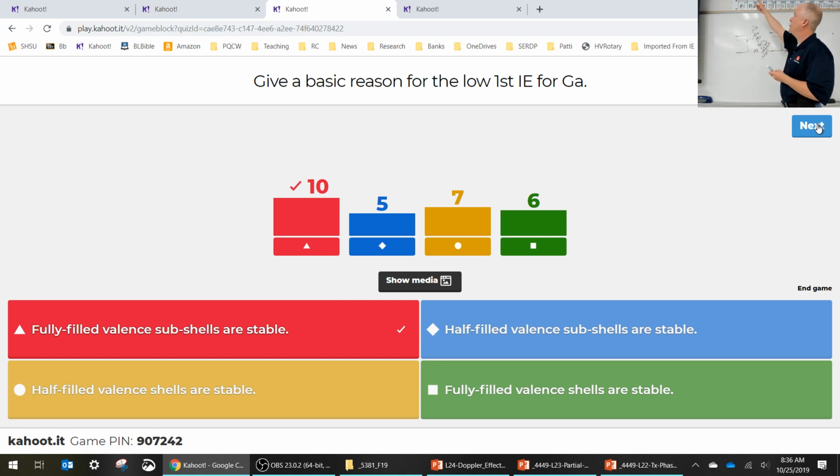Rubidium, if you go to the cation for rubidium, it's krypton, a noble gas. So the noble gases are the only ones that have fully filled valence shells. I'm calculating the whole valence, all of the external electrons. So your noble gases have fully filled valence shells, but group 2 has a fully filled s subshell, and then group whatever has a fully filled d subshell.